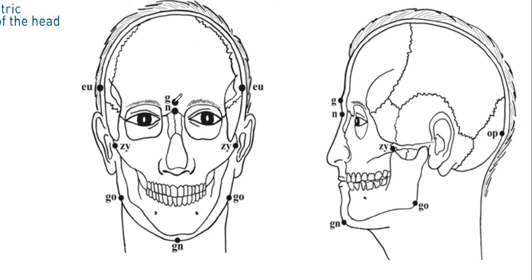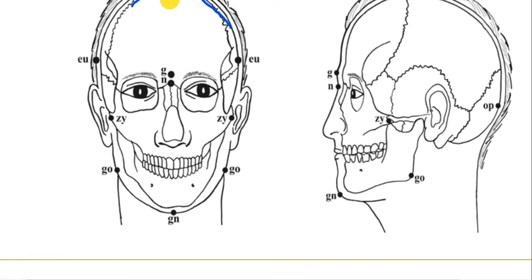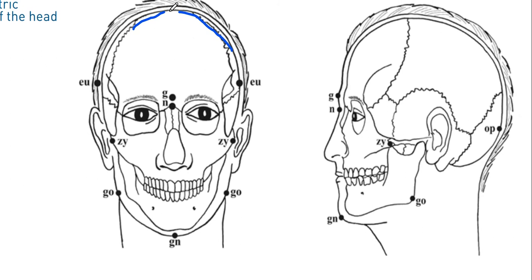Slightly above that, here is the forehead, let's say here is the frontal bone, and this is the mid-sagittal plane. Now this entirely is the frontal bone.